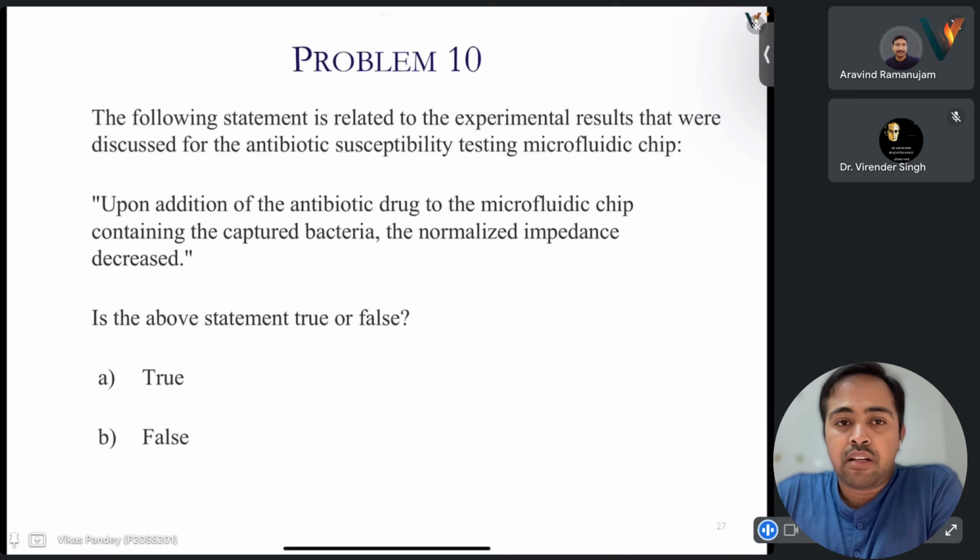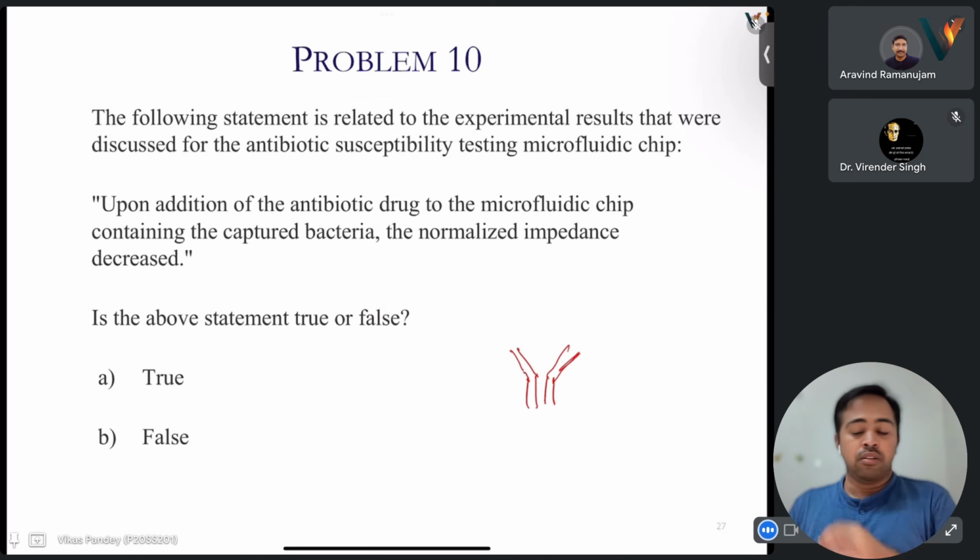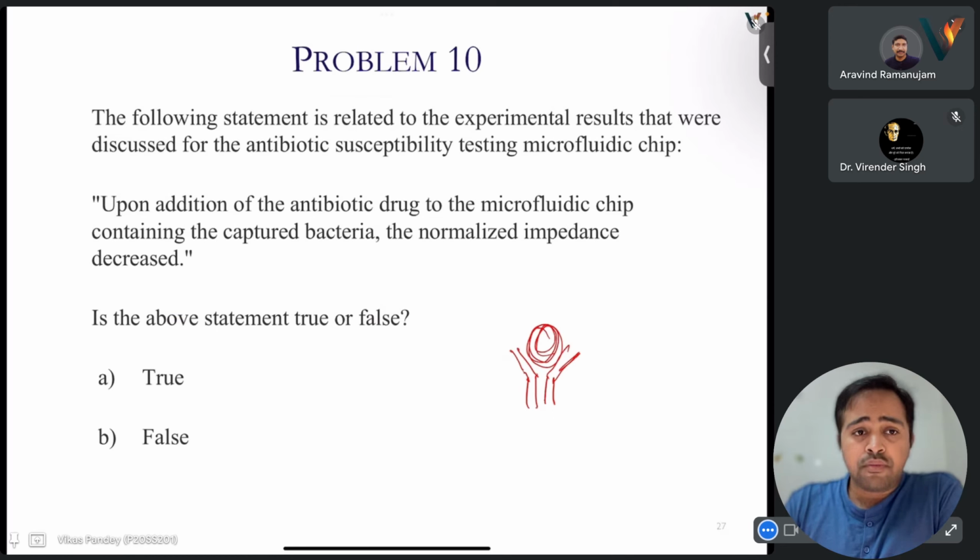Upon addition of the antibiotic drug to the microfluidic chip containing the captured bacteria, so the bacteria is fixed on the antibody, captured on this, and the drug designed to kill this bacteria is added to this fluid, the normalized impedance will decrease. Is it true or false?